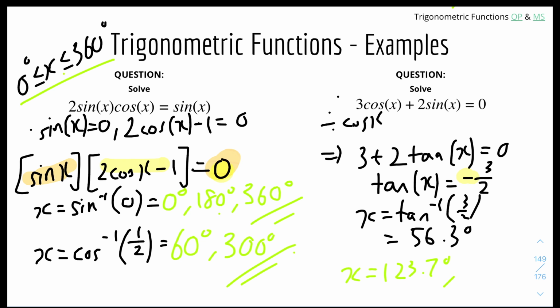And to get the second angle, you do 180 plus the first answer, which is 180 degrees plus 123.7, which gets us 303.7. And those two are in range, assuming 0 ≤ x ≤ 360 degrees as well. And these are the final answers.